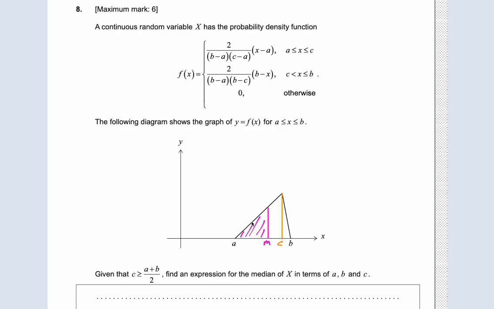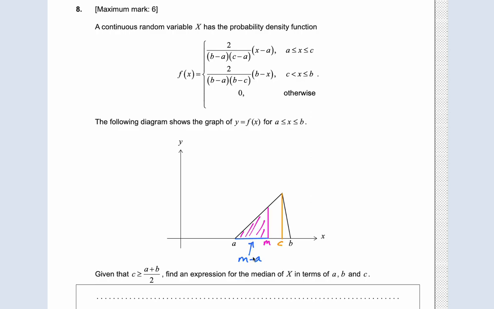So what we have is a triangle. The base of the triangle, this length here, is M minus A. Because if this is coordinate M and this is coordinate A, M minus A will give me this length.